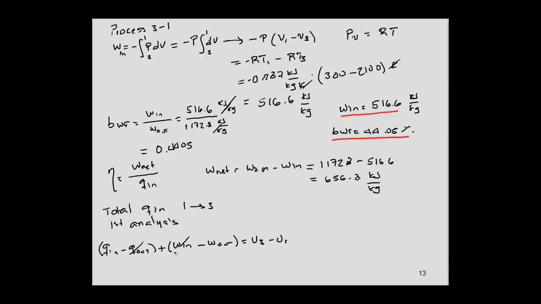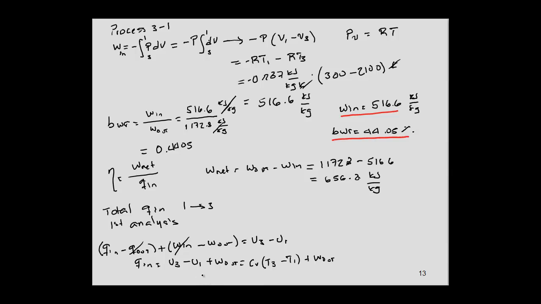Second, we only have work out. So solving this, Q in equals U3 minus U1 plus work out. And this difference in internal energy is Cv (T3 minus T1) plus work out.